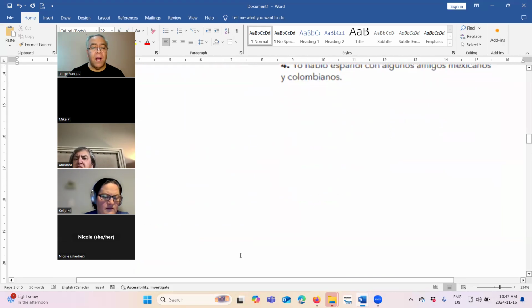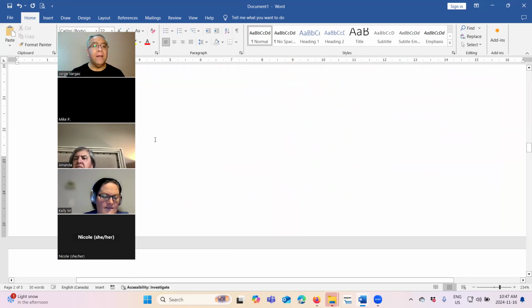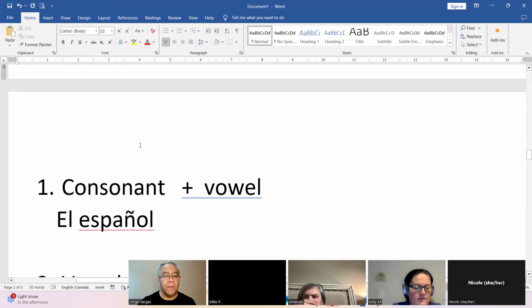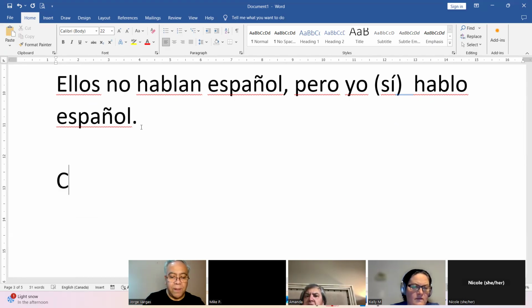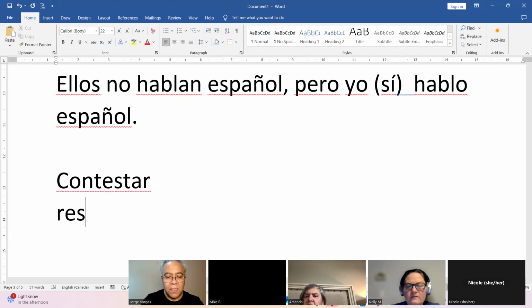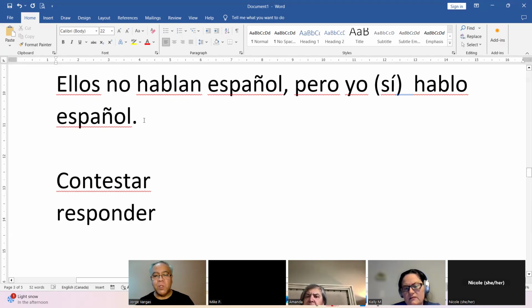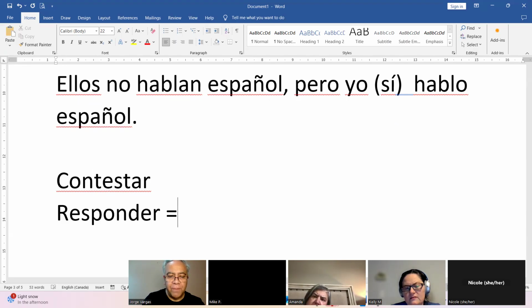So far, we are adding new verbs to our repertoire. The new verbs are contestar, and the other one is responder. What is the trick here with responder, which is to answer?